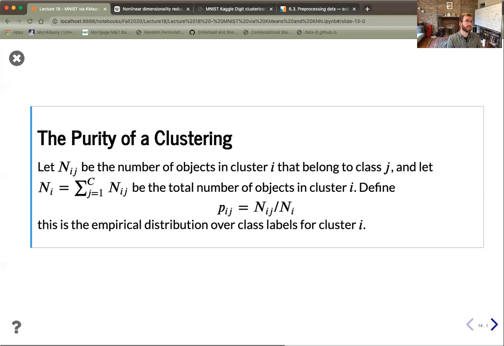In this setting, this amounts to asking whether this percentage is completely concentrated in one single class label. All right, so let's remember that Pij is the percentage of objects in cluster i that actually belong to class j.